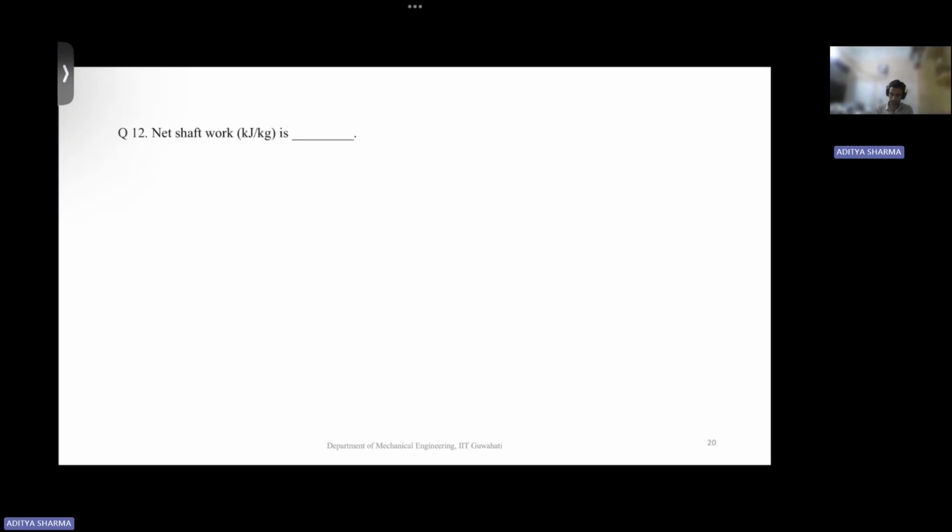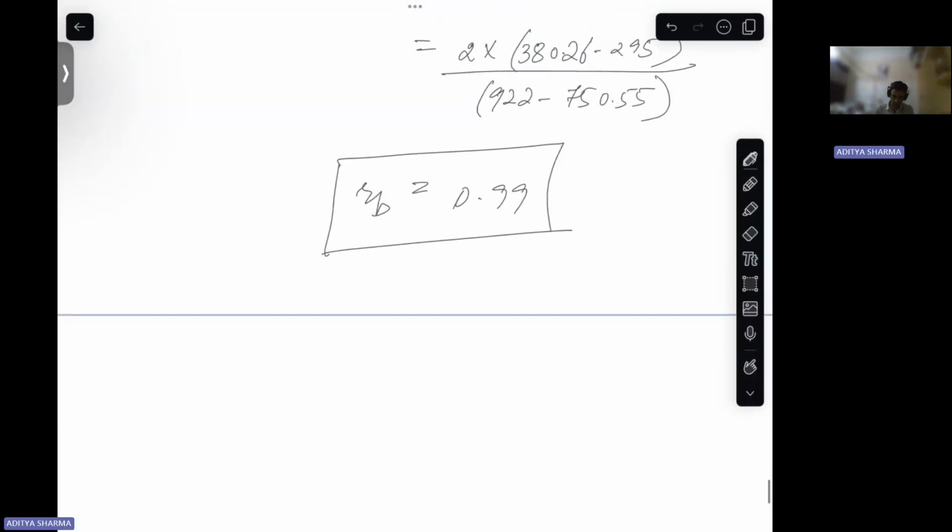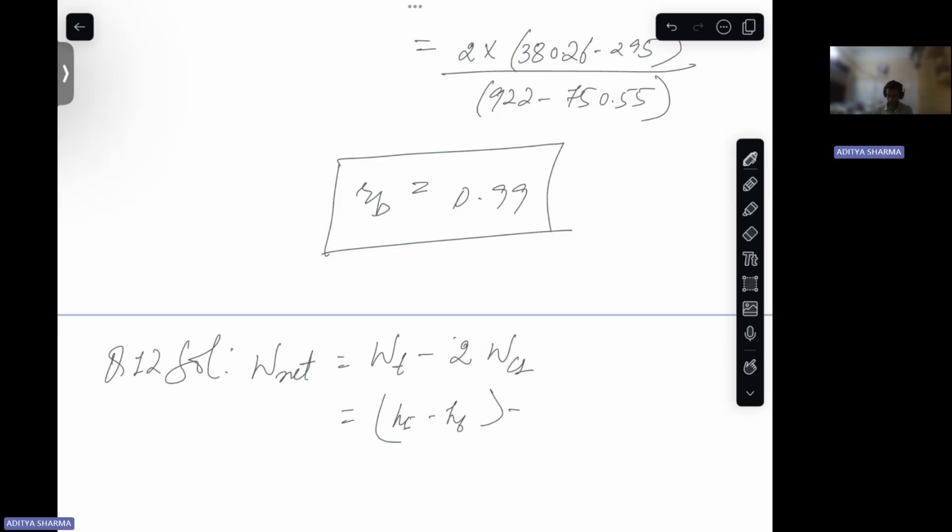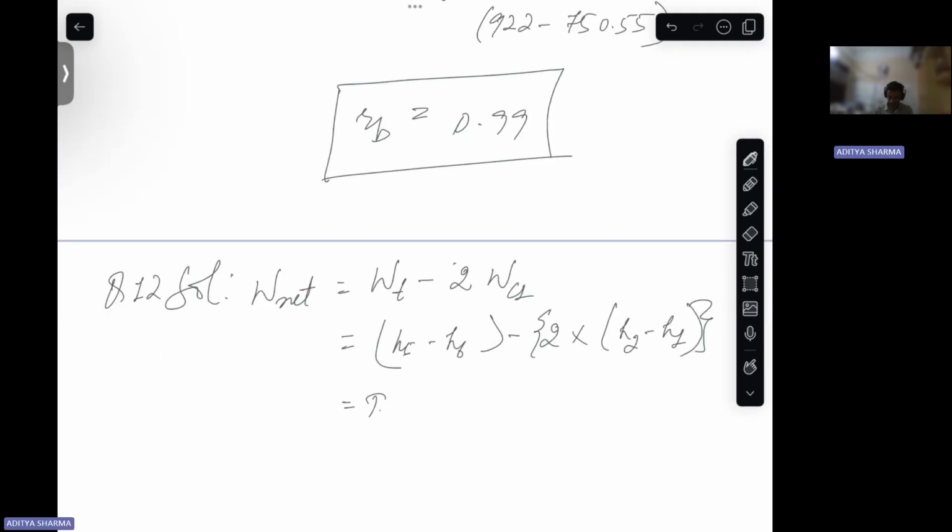Then net shaft work, question number 12. So shaft work, which is net, is H5 minus H6 minus 2 into H2 minus H1, which is equal to T5 minus T6 minus 2 into T2 minus T1.